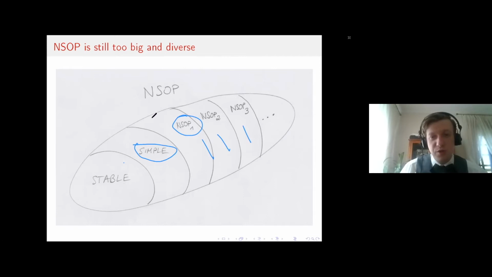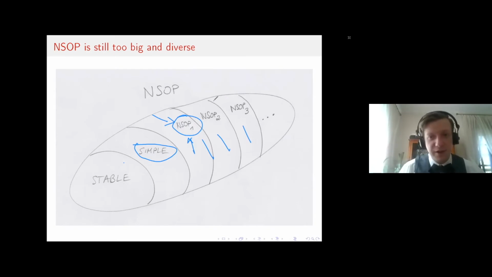And NSOP1 is somehow special because, like simple theories, it joins both of these approaches at once. You can define NSOP1 by this axiomatic approach to some abstract independence relation, or you can say that there is no formula with some kind of tree property.